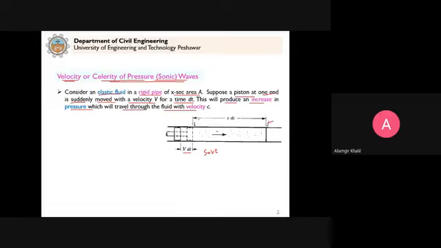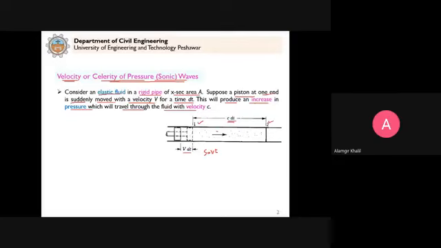When you push the fluid by application of the piston, the pressure will increase. This pressure will travel in the form of a wave from section 1 to section 2 in the fluid, with a velocity c. It means that in time dt, it covers a distance c dt.